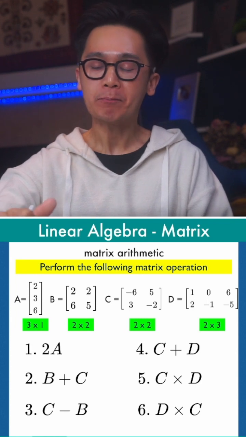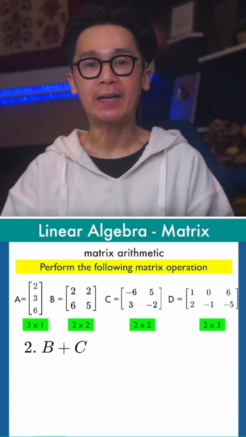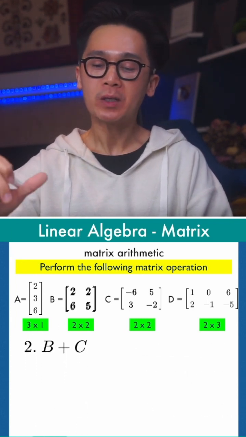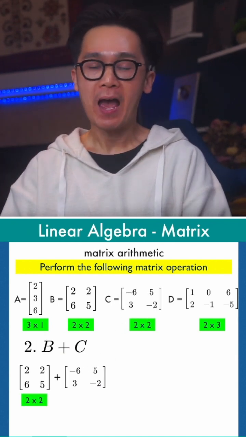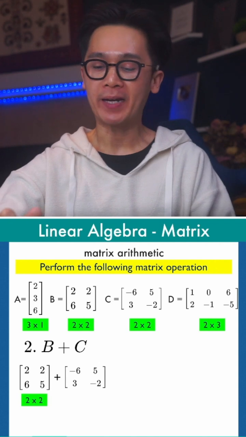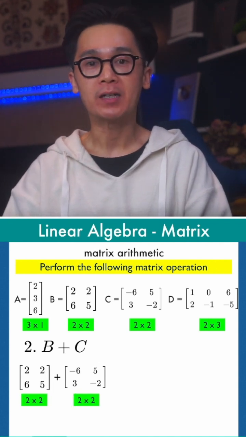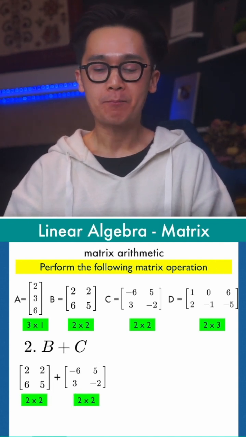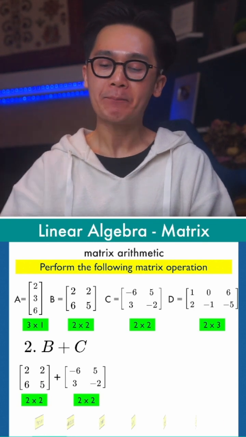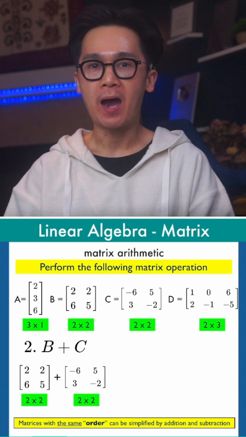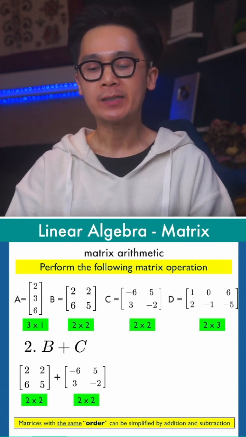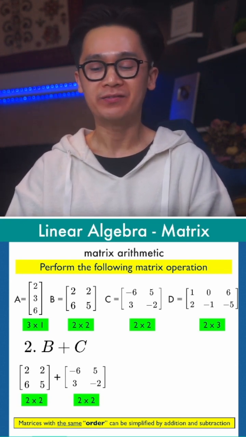Next would be B plus C. So we are going to be adding matrices B and C, where matrix B happens to be a 2x2 matrix, and matrix C also happens to be a 2x2 matrix, which is important because when this happens, that means we can combine B and C by simple addition of integers.